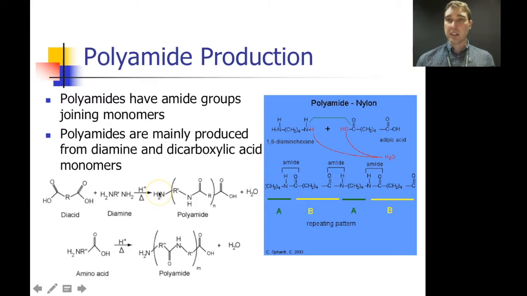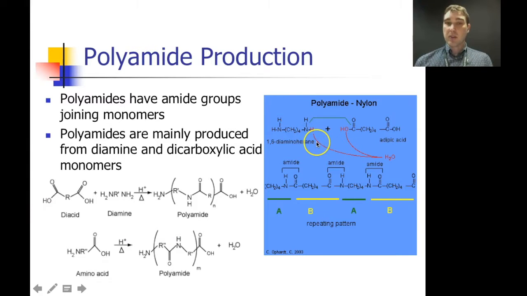So you react those together with, in this case, using acid and heat, and you get your amide group being produced. And water comes out, because again, it's a condensation reaction. This reaction can continue. You can react your amide that's being produced. If it still has its carboxylic acid end and an amino end, they can react with other amines and carboxylic acids and continue and continue and continue. And that's how you get the long chain polymers forming.